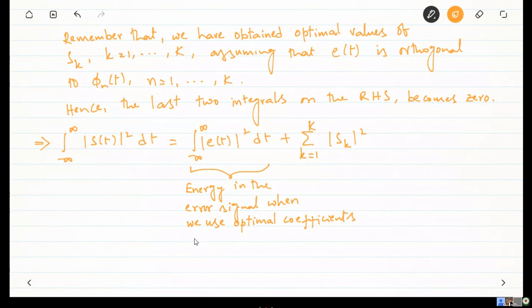Let's call that E minimum. So E minimum is equivalent to the integral from minus infinity to plus infinity of mod s of t squared dt, minus summation k equal to 1 to capital K of mod sk squared.